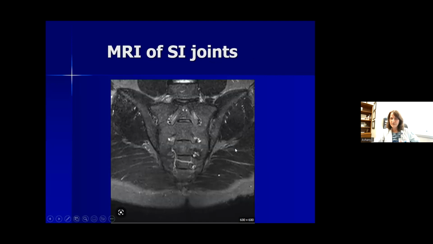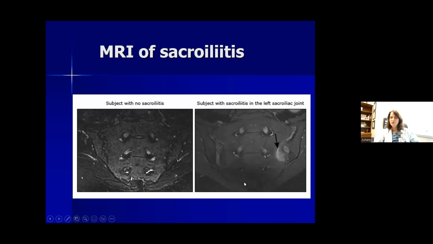This is an MRI of the sacroiliac joints, and now here they are. Okay, so here's that big structure called the sacrum. This is a piece of the ilium, and the joints are here in between the sacrum and the ilium, and these are actually normal. I'm showing you this side by side because here you can see this is normal, but here you see this area of white around the joint.